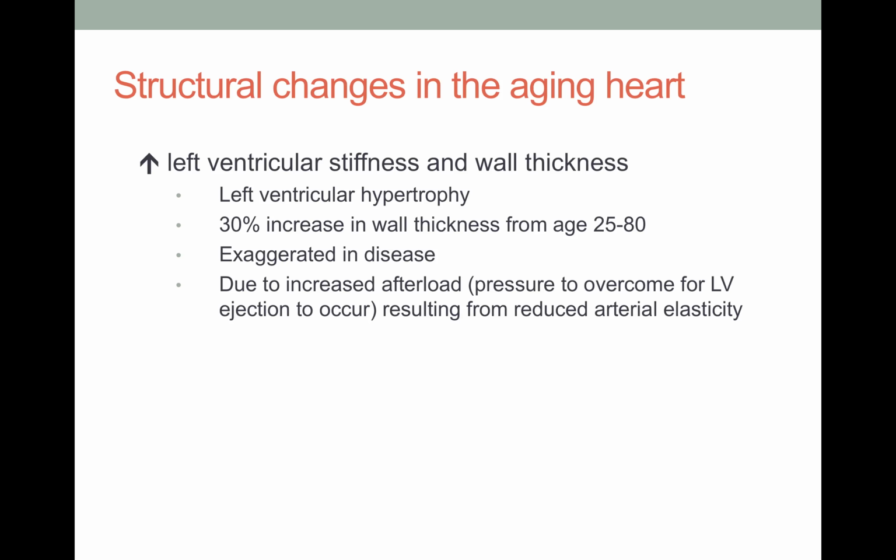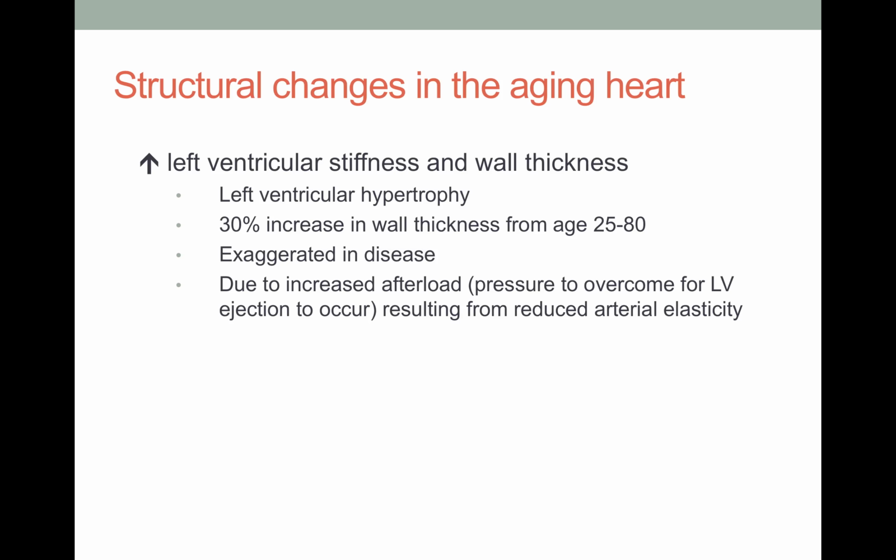And then I want to bring up this term afterload, which I think we briefly mentioned before. Afterload is the pressure that needs to be overcome for left ventricular ejection to occur. So this is really what we've been referring to when we talk about systemic hypertension. If you increase the pressure in the arteries that the heart has to pump blood against, this is really describing afterload.